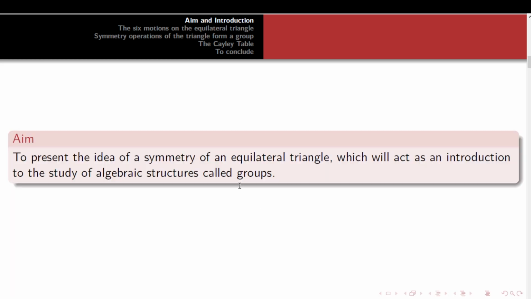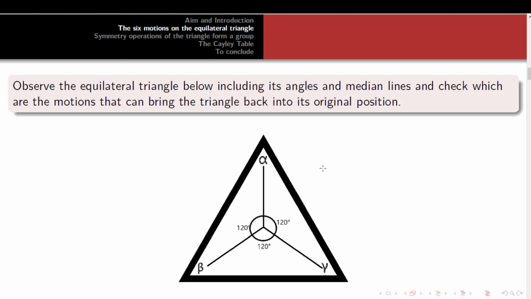So our basic aim is to present the idea of a symmetry of an equilateral triangle, which will definitely help us to introduce the study of algebraic structures called groups. So let's observe the equilateral triangle given below. You have to also note the vertices which are denoted by alpha, beta and gamma.